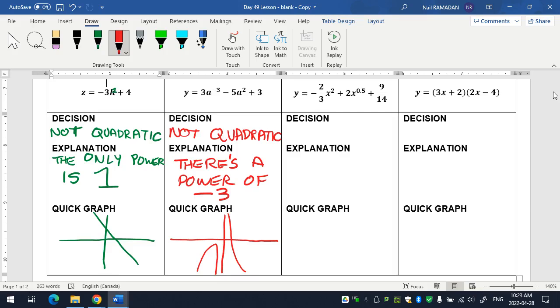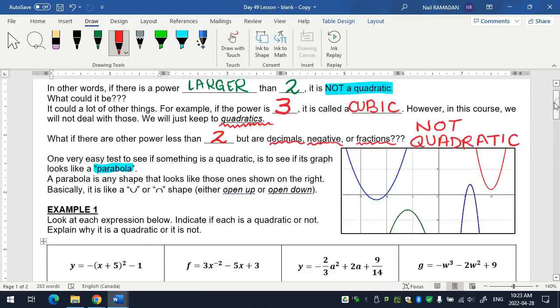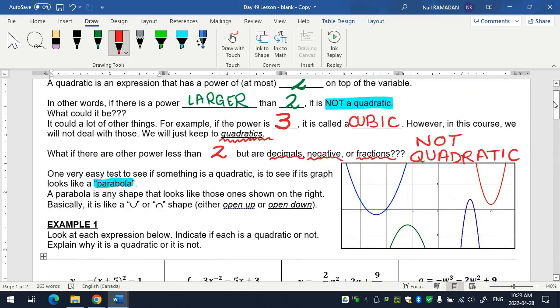One of the powers is what? What did we say here? If any power is a decimal or a negative, that destroys the whole thing. Even though there's a power of 2, you have got to look at all of them. It's a package rule. Either all of them work or none.